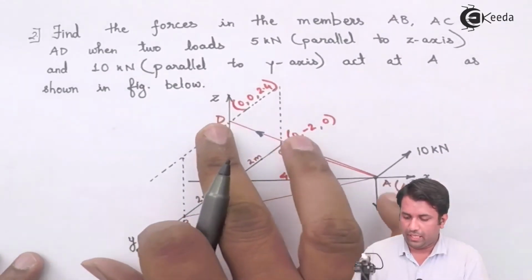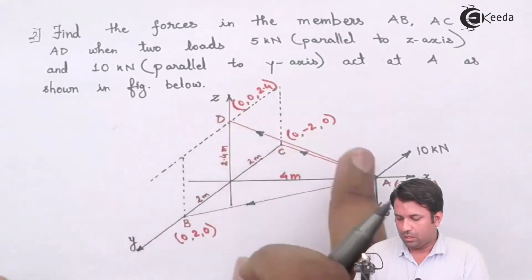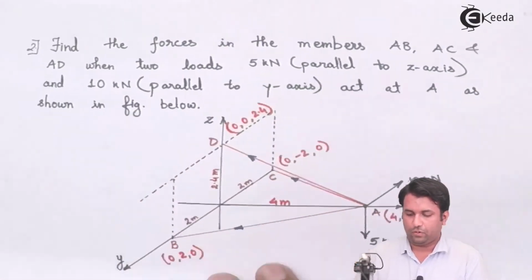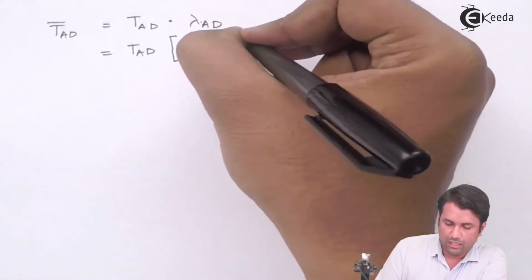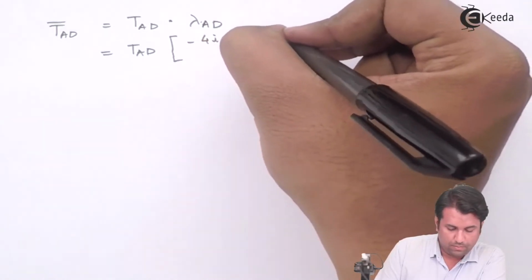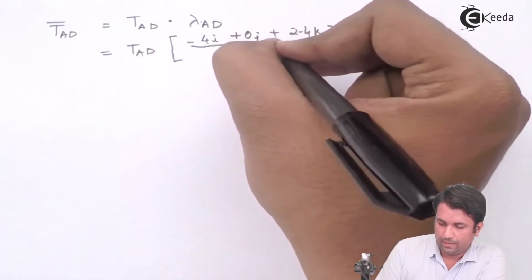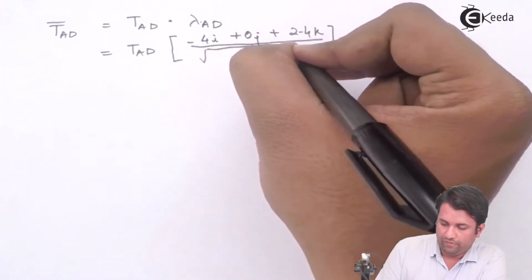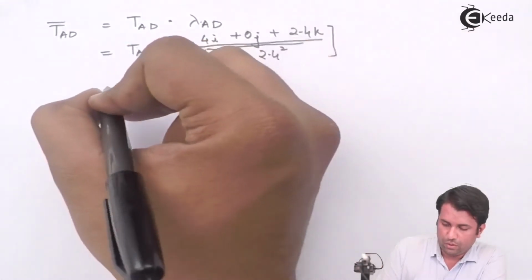That is the D coordinates and A coordinates, minus 4, 0 and 2.4. So it will be -4i plus 0j plus 2.4k, under the root of 4 squared plus 2.4 squared.